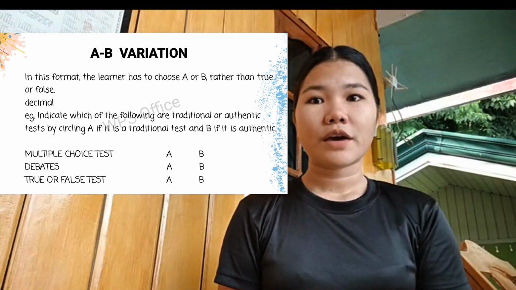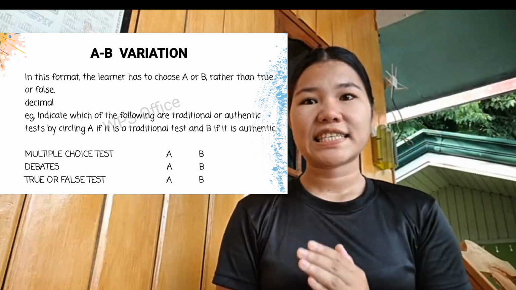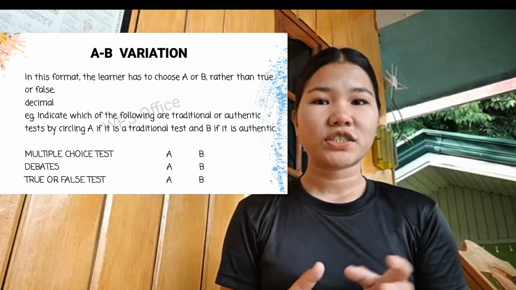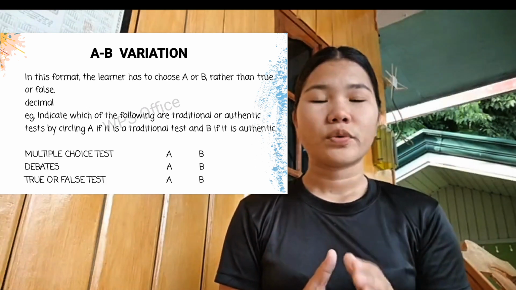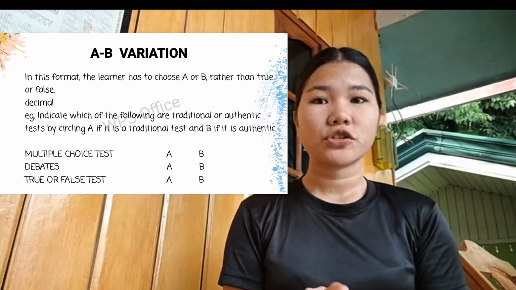So we have here multiple choice test. Is it a traditional test, which is A, or is it an authentic test, which is B? So you just need to encircle it.